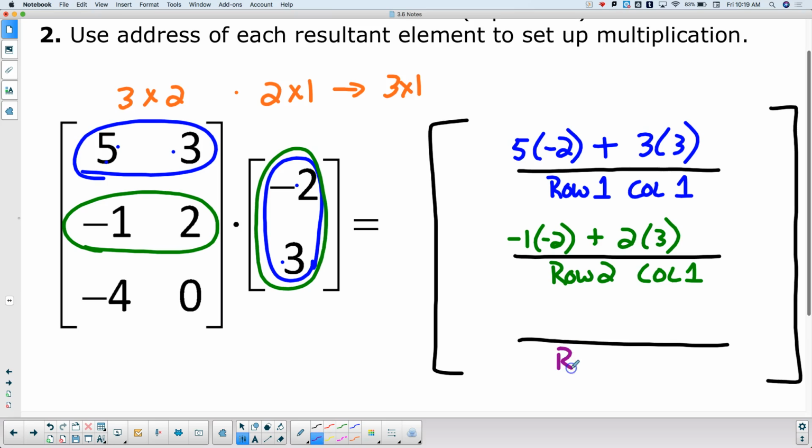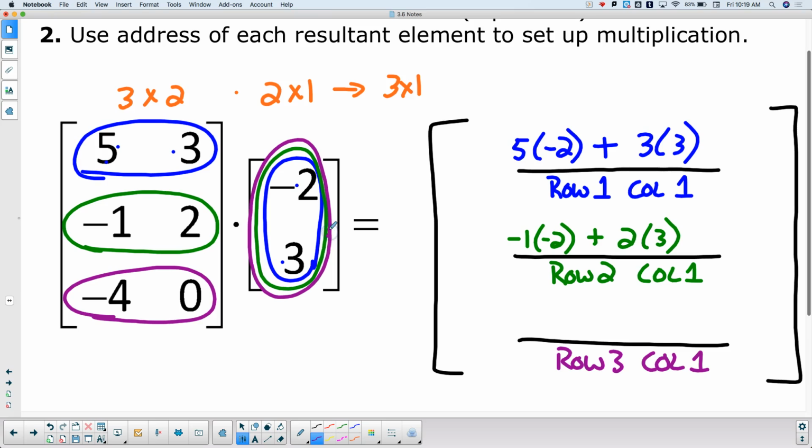This is row 3, column 1. So I take row 3 times column 1. Negative 4 times negative 2 plus 0 times 3.